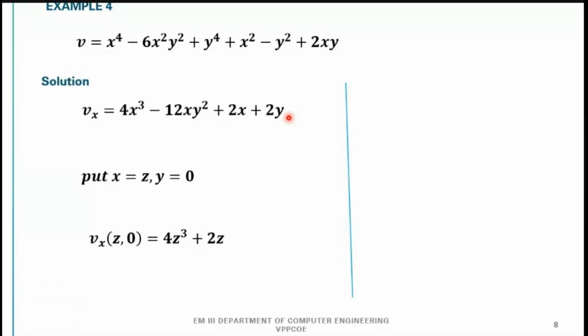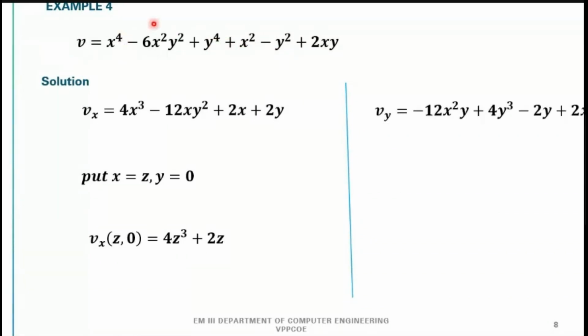Yes, correct. ठीक है. Now Vy बताओ क्या होगा? v को अभी y से डिफरेंशिएट करना है. 2z. ओके, ठीक है. y से डिफरेंशिएट करना है मतलब x का जो पार्ट है वो कांस्टेंट हो जाएगा. तो x raised to 4 का डेरिवेटिव 0, y square का डेरिवेटिव 2y, इसका हो जाएगा 4y cube, ये 0 और ये minus 2y and last one is 2x.